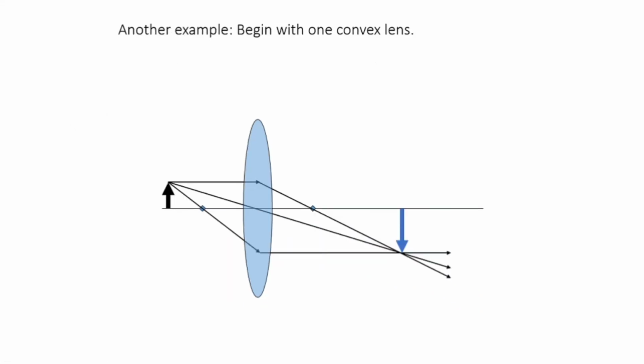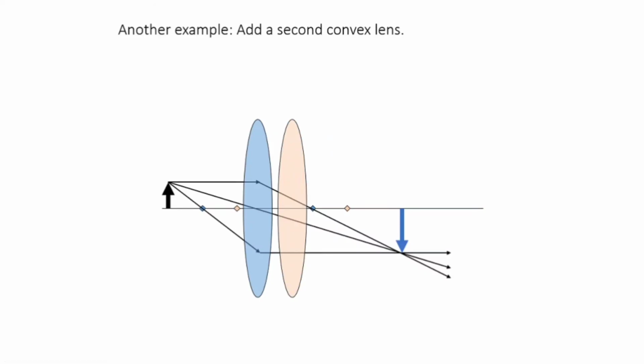Begin with the convex lens. Again we come to the single lens system, a convex lens. The object, on refraction through the system, gives the image. The object is on the axis and the image is below the axis. The object is to the left side of the lens, and the image is to the right side of the lens. The object distance, image distance and focal length are all measured according to the Cartesian sign convention.